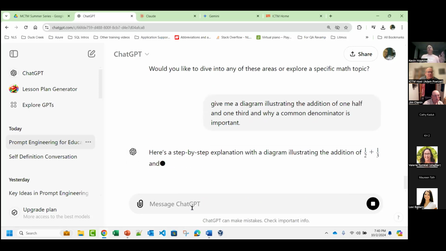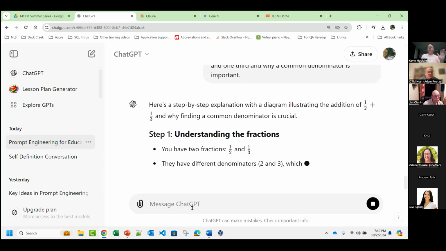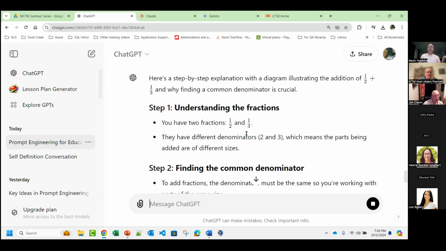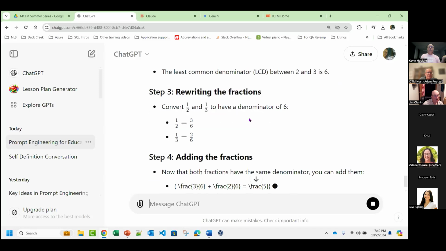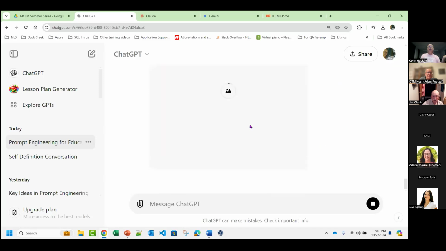And let's just see what it does. That may or may not be a 3rd grade math topic, I don't know, but so it kind of goes through step 1. You've got 2 different denominators. So it's not giving me a diagram. It's explaining the process. Oh, now it's going to create a diagram.